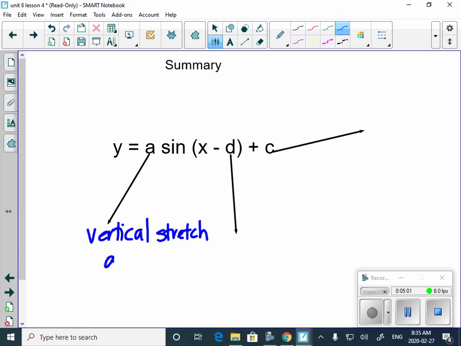If a is less than 0, it's negative, then we have a reflection. A vertical reflection means things are upside down. If a lies between 1 and 0, so we're going to just ignore the negative part now, we're just going to talk about the absolute value of a, if it is a fraction between 0 and 1, it will be a vertical compression.